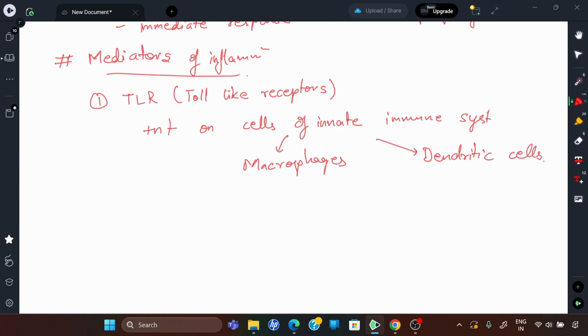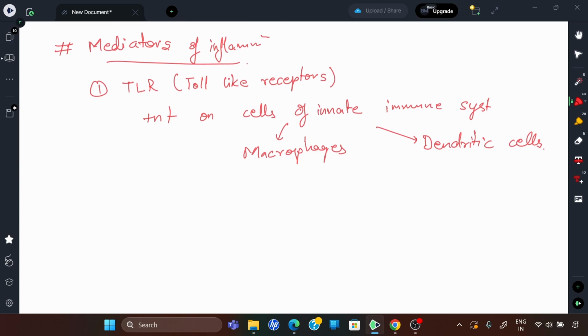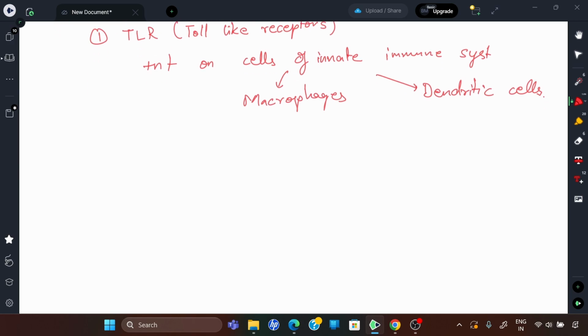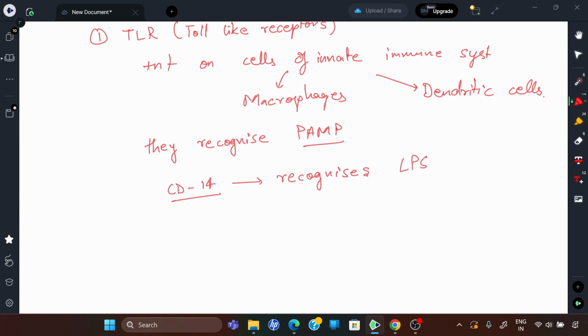Right. So what these TLRs do basically is that they recognize something called PAMPs. PAMP is basically an abbreviation for pathogen associated molecular pattern, right? For example, you have CD14, the TLR receptor present on macrophages, and it recognizes the lipopolysaccharide membrane present on gram-negative bacteria, right?